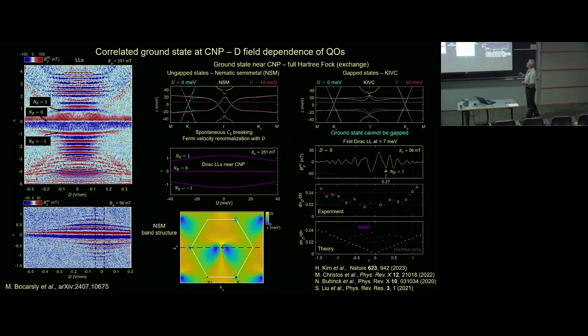Since very few studies have looked at it carefully, this is how the band structure looks. These are the K points in the Dirac band, and these are the nodal points in the flat bands. So I encourage the theoreticians among you to take a closer look at this possible state.